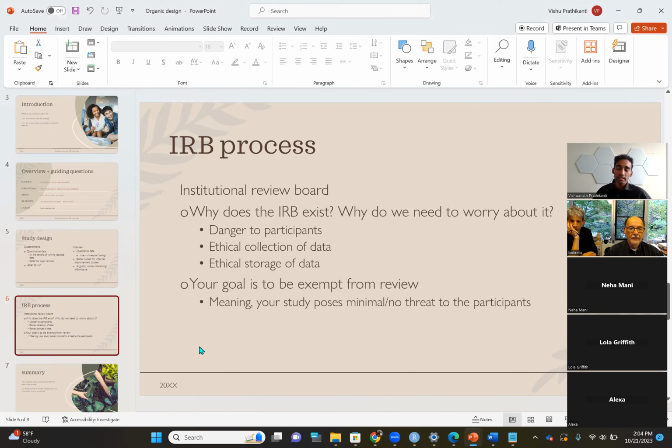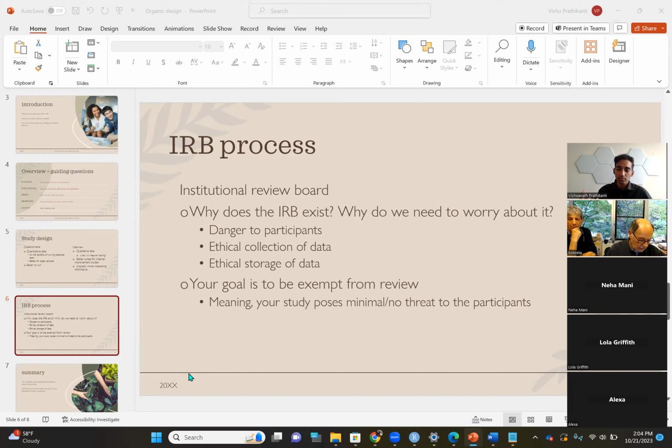So the IRB is essentially a review board that makes sure that you aren't making a study that is damaging to participants. You also want to make sure that your data is collected ethically and stored ethically, so private information is not getting out.